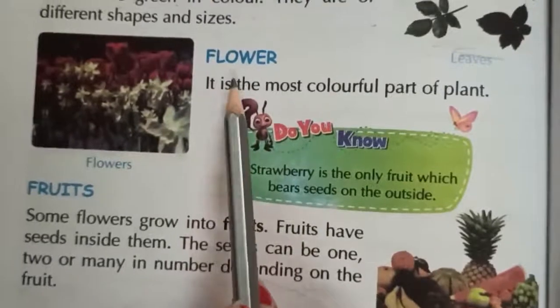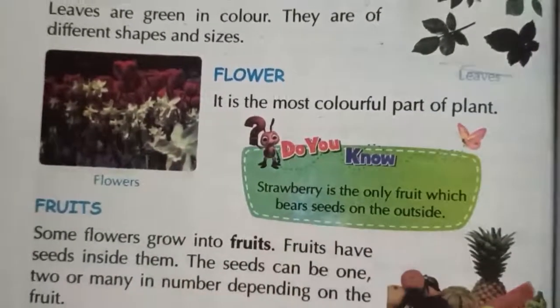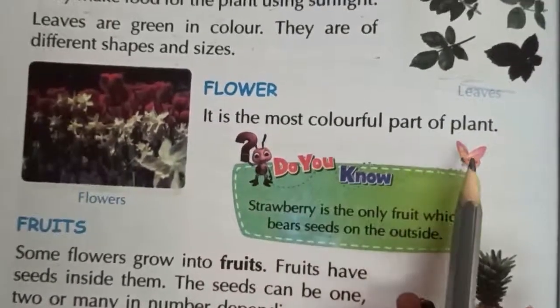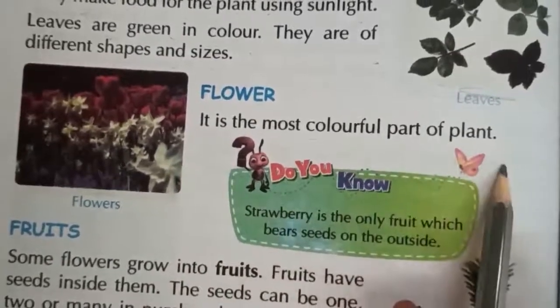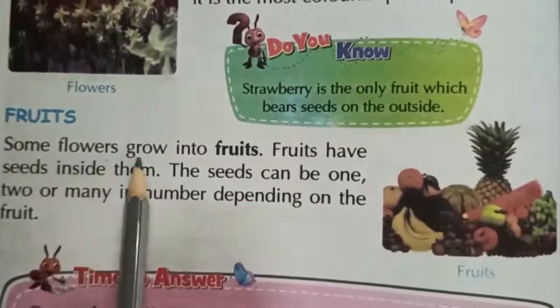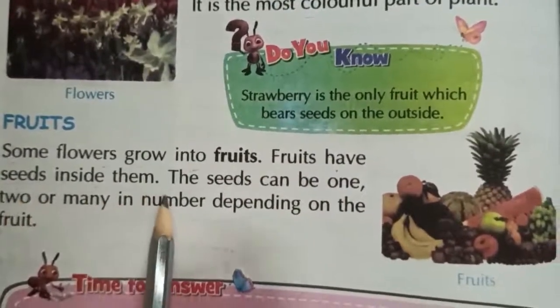Next is flower. It is the most colorful part of plants. Every plant has different colors of flowers. Next is fruits. Some flowers grow into fruits. Fruits have seeds inside them.